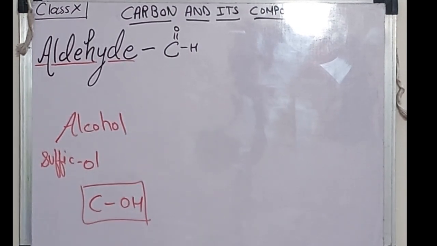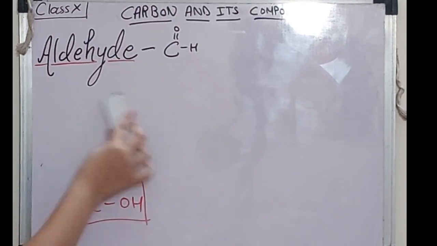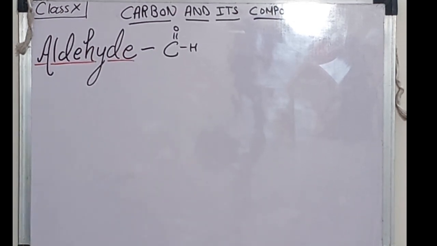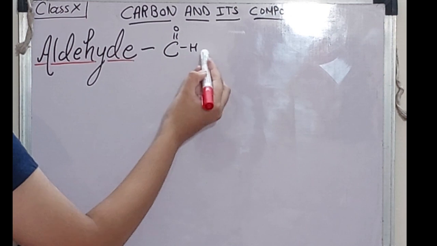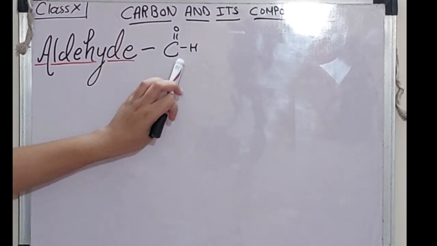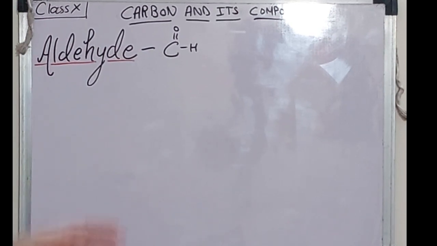In aldehyde, it is different. Aldehyde is the functional group where carbon has a double bond with oxygen and a single bond with hydrogen. This particular functional group is known as aldehyde.